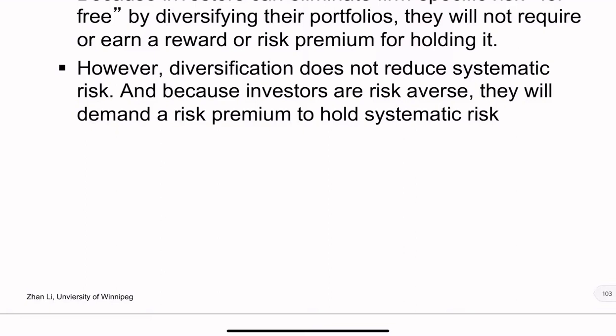So you will want a risk premium. In a nutshell, if a risk is diversifiable, you can eliminate this firm-specific risk using diversification, so you won't ask for compensation. There is no risk premium for firm-specific risk. But if you're bearing systematic risk, you cannot diversify it away, so you will ask for compensation. So there is a risk premium for systematic risk.